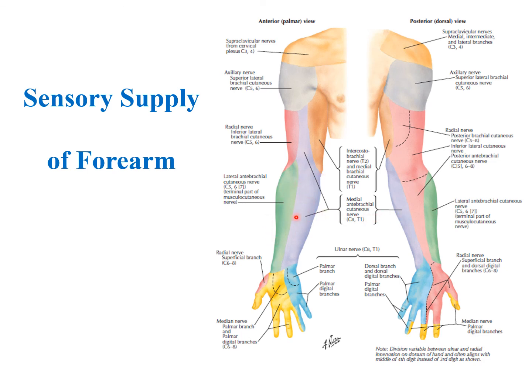These are the two nerves which supply the skin for general sensation to the anterior compartment of the forearm. The root values you can see are C5, C6, C7 for the lateral cutaneous nerve of the forearm, and C8 and T1 for the medial cutaneous nerve of the forearm. Already you talked about these nerves in the lecture on the brachial plexus.